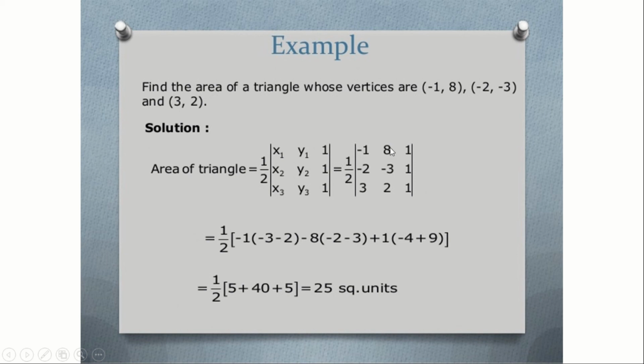The middle element should always be taken with a negative sign. Okay. So minus 8 into, this row and this column get deleted, it will become minus 2 minus 3. Next is 1. This row and this column will be deleted. It will become minus 4, and here one minus is there. If we add one more minus, minus into minus becomes plus. So 3 fives are 15. So when we calculate it, we will get 25 square units.